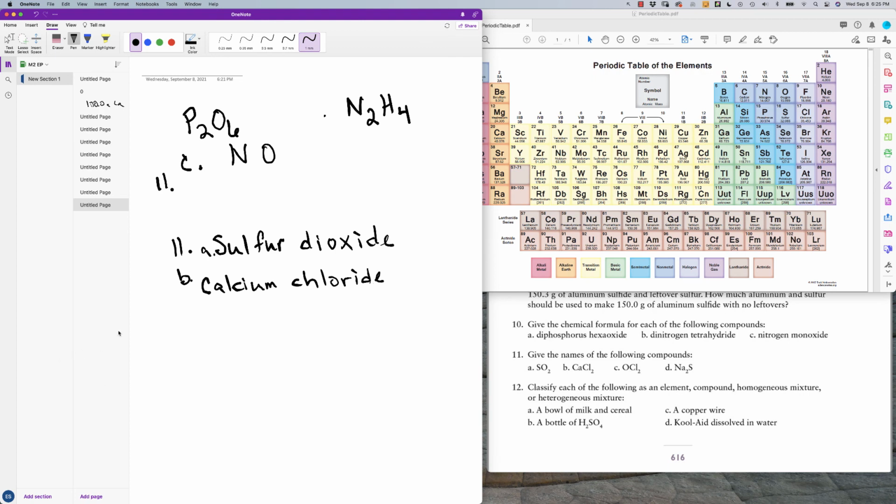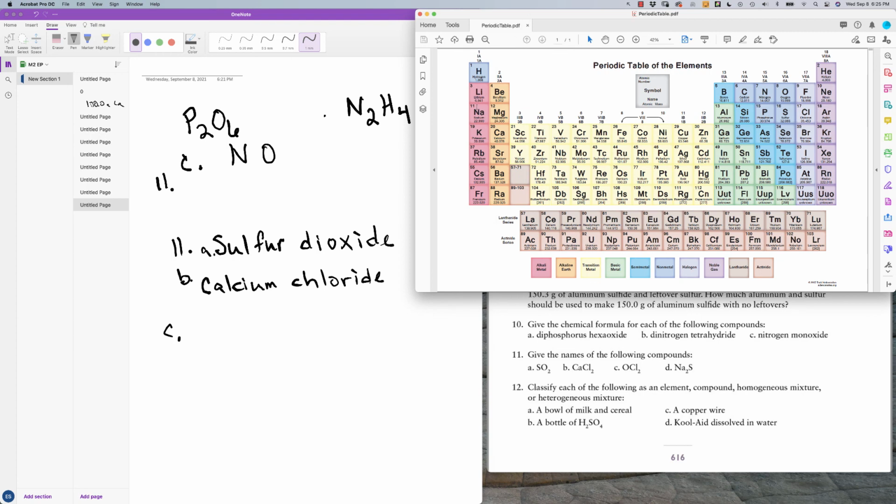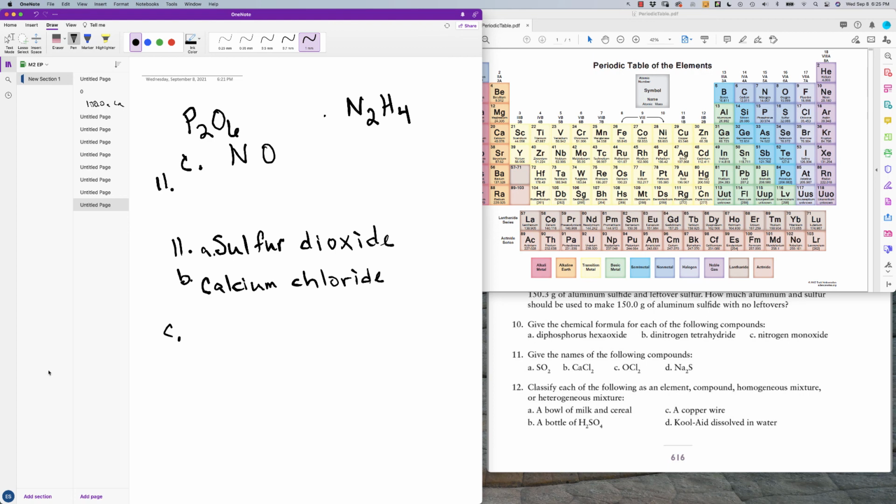So for our next one, we have C. On C, it is Na2S. Na is way over here in the left-hand column, so that is a metal. And S is way over here on the right, sulfur as a non-metal. So metal and a non-metal tells you it's ionic. So you can use the first name, and then the second one you change the ending to IDE.